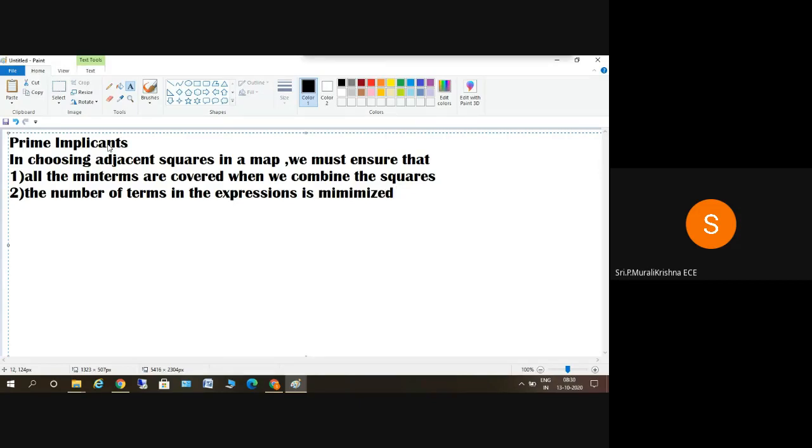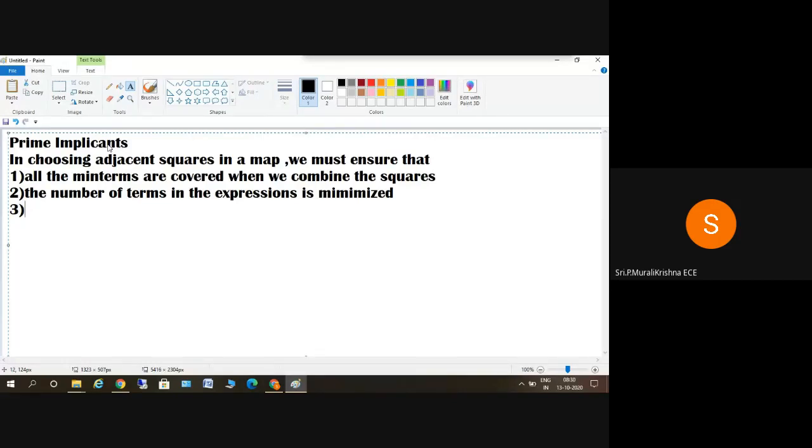If the grouping is making things complex, then don't go for it. We will have different kinds of grouping, so if one grouping gives a more minimized expression compared to another, we'll prefer the former. We prefer the grouping which gives the minimized expression compared to the other grouping. That is the second thing we have to check.